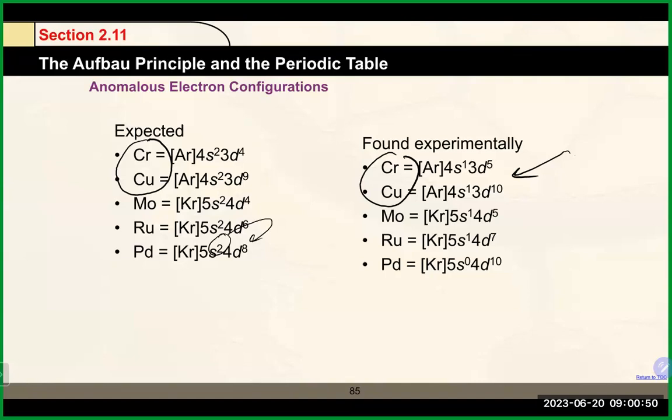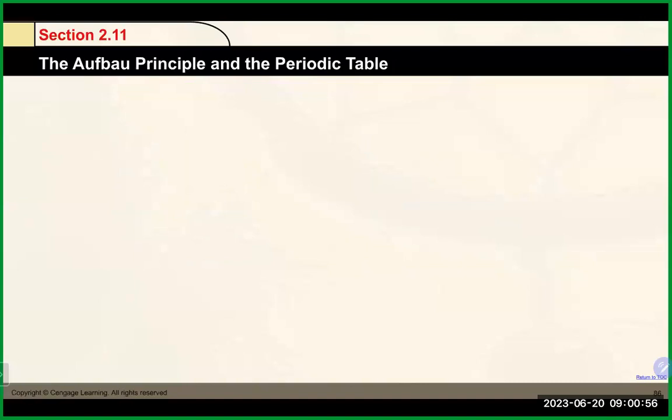So let's talk a little about electron configuration and also ions. When we look at ions, which I think we talked about previously as well, there are two types of ions. There are cations, which are positively charged ions, and they're the result of a loss of electrons.